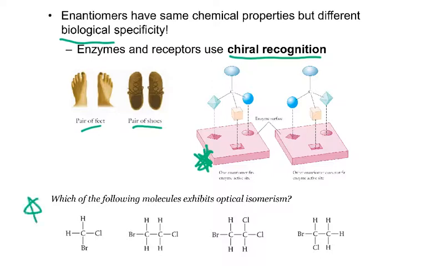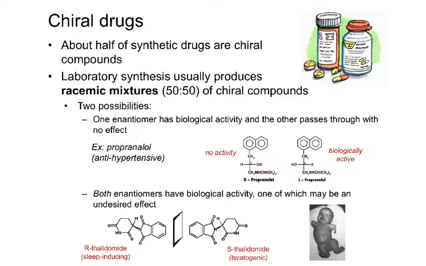This is just a little practice problem looking at chiral molecules that I'll come back to in the next video. But I just want to show you that with chiral molecules, it's very important because a lot of drugs that we generate are chiral molecules. They're molecules that have enantiomers. And when we synthesize them in the lab, we end up with a 50-50 mix of the right-handed and left-handed version.